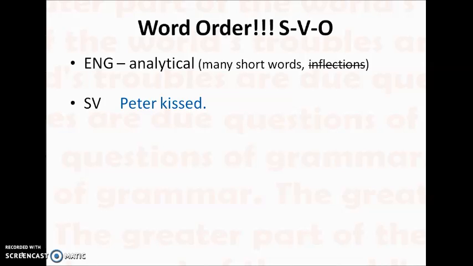For example, Peter, the subject, kissed, verb. Object usually goes after the verb. Peter kissed Paul. Peter is subject, kissed is verb, Paul is object. SVO means subject, verb, object.